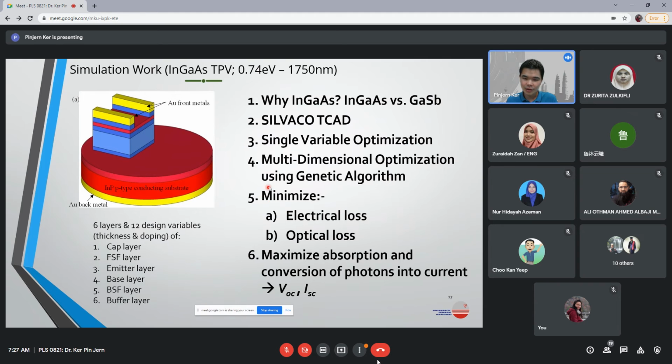In terms of the optimization, we were minimizing the electrical loss and the optical loss, because these are the two main losses we want to reduce in order to increase the efficiency of our TPV cell. By doing that, we maximize the absorption and also the conversion of the photons.